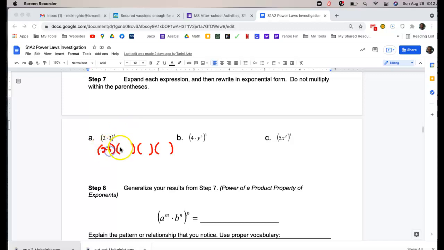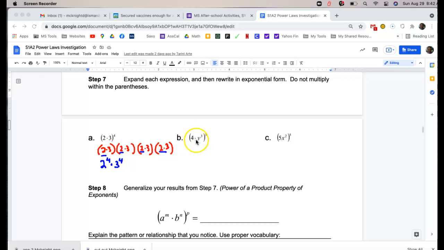So 2 times 3, and we have 2 times 3, 2 times 3, 2 times 3. Look at these common bases here now. So we've got these common bases: 2, 2, 2, and 2. So this is going to be 2 to the 4 times, and the same thing for 3, 3 to the 4.